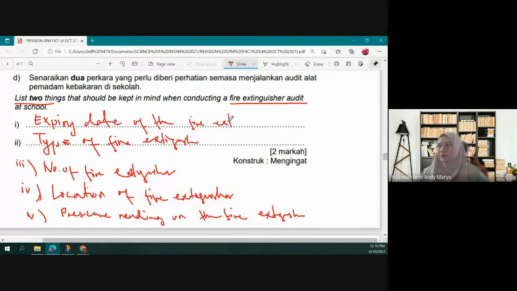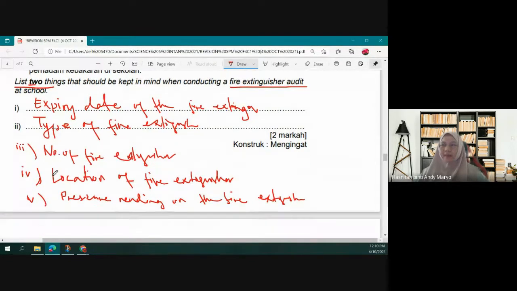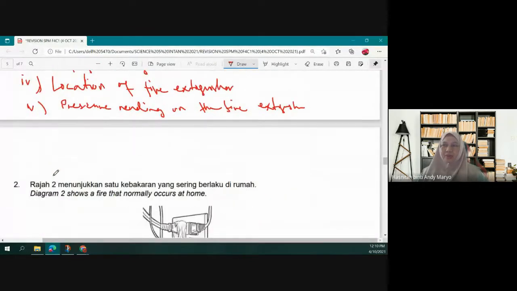So you can choose to write any 2 of these 5 items. They ask you to list out 2. You can list out more if you are not confident. So they will check for the best 2 answers. Okay, that's all to do with number 1.